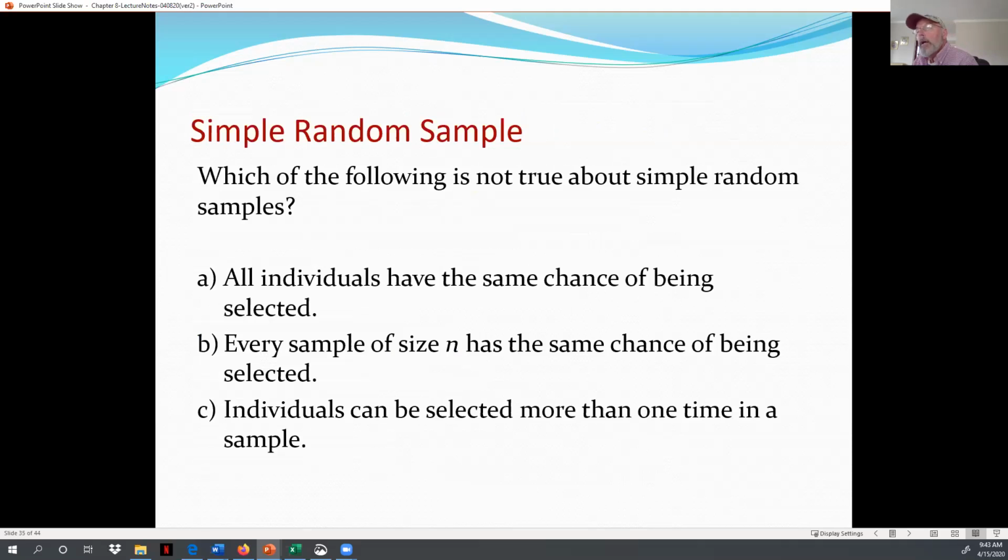How about this one as the last one? Which of the following is not about simple random samples?